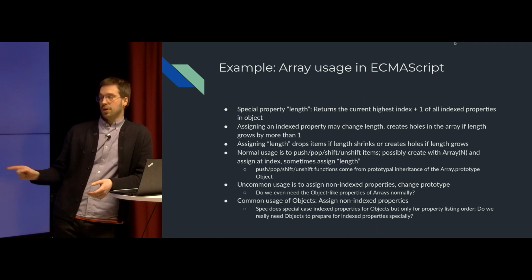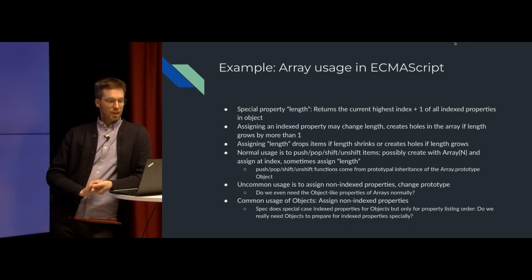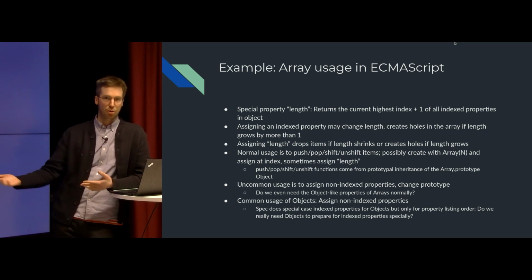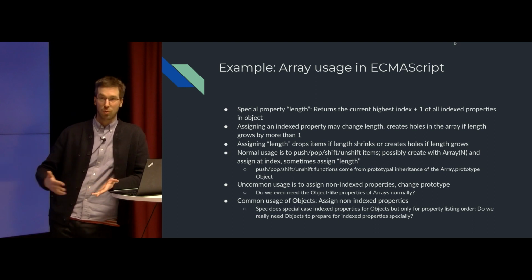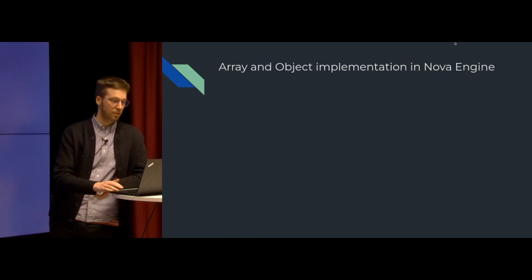The spec defines a special case that the index properties of objects are listed first when you ask for the keys of an object. But that's the only special case. So do we actually need the object to prepare for these index properties specially? Or could they just be normal objects, and then when you ask for keys, we'll sort them for you first?